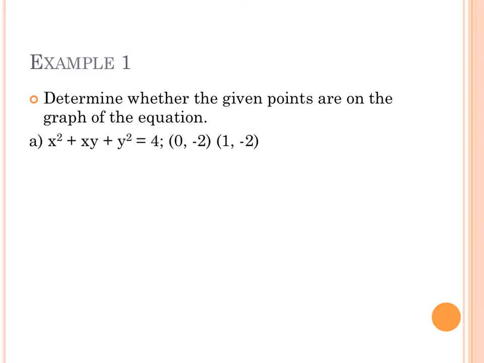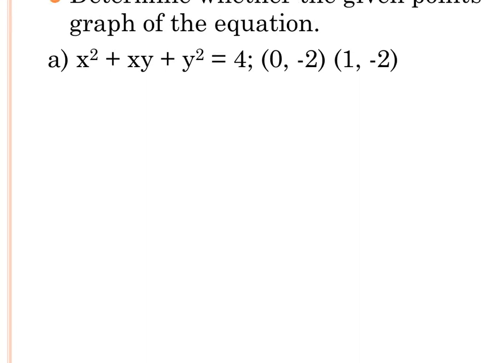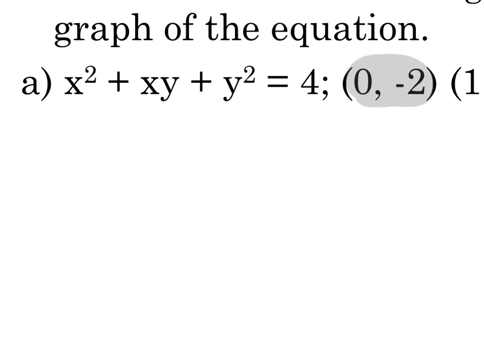Determine if the given points are on the graph of the equation. So your equation is x squared plus xy plus y squared equals 4. And then your 2 points are 0, -2, and 1, -2. So this is like a two-part question. The first one is, is this point on that graph? So you just take it and plug it in. Everywhere there's an x, I'm going to replace it with a 0.